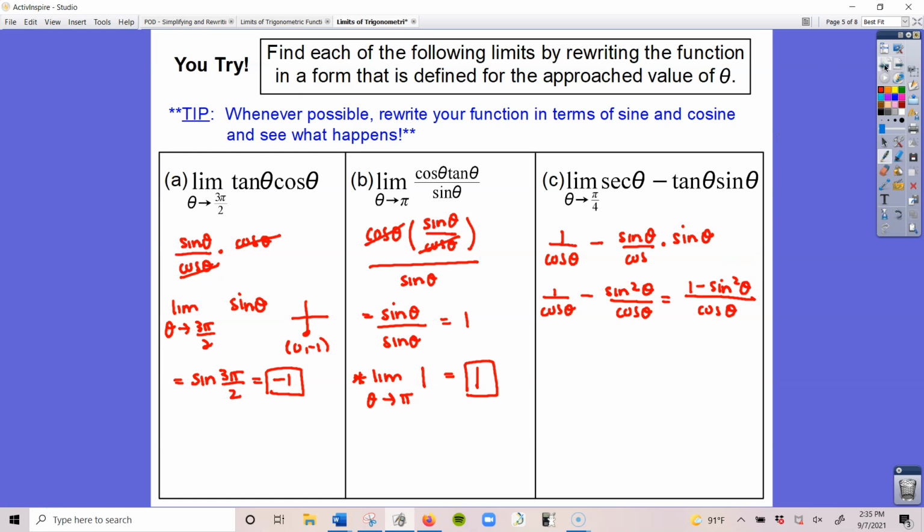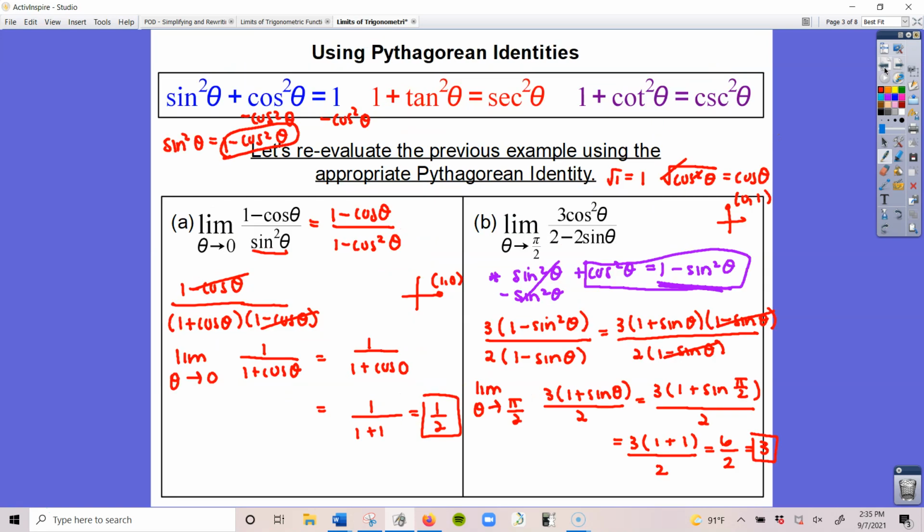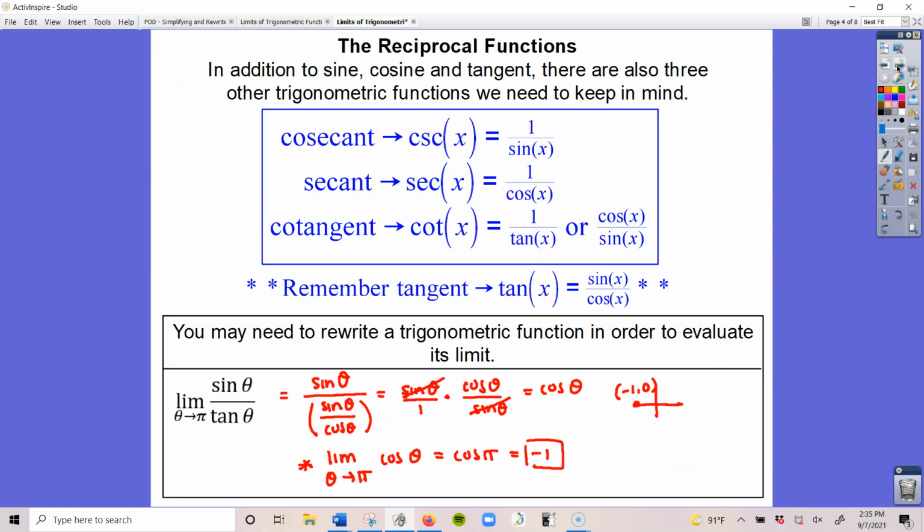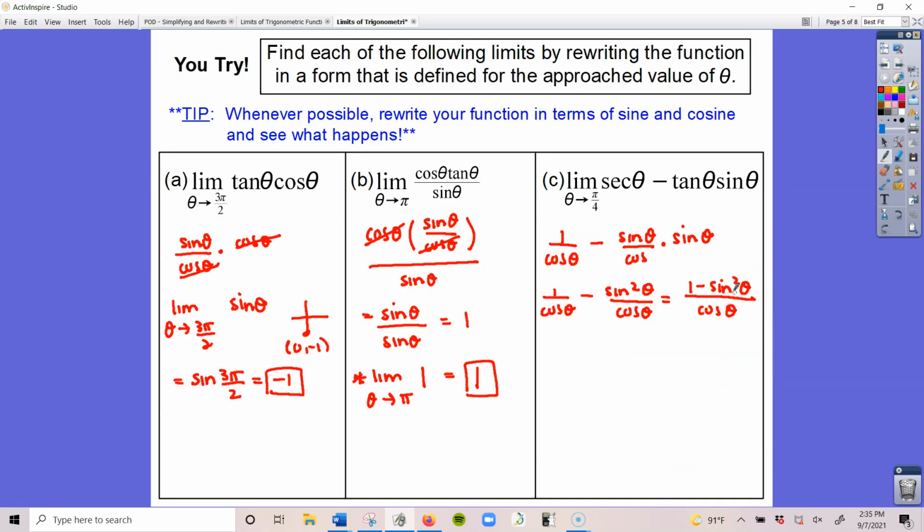If I come back here to my identity so you can see, we solved for it here. 1 minus sine squared is equal to cosine squared. So what I can do is take this 1 minus sine squared and replace that with cosine squared.